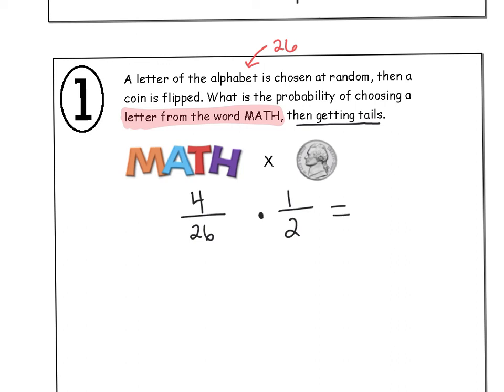We multiply straight across. 4 times 1 is 4. 26 times 2 is going to give us 52. So we can reduce our fraction, or we can divide and figure out our decimal. 4 divided by 52 is going to give us 0.08, which is going to equal 8%.